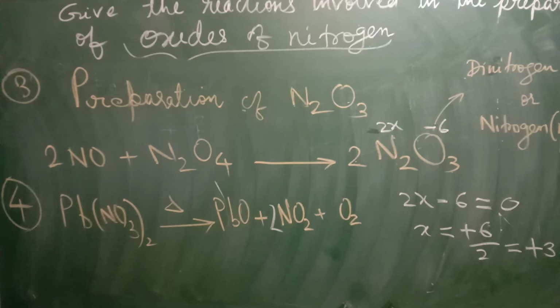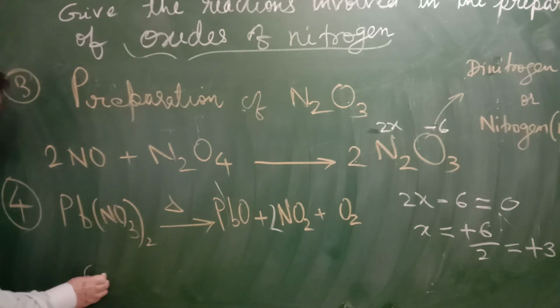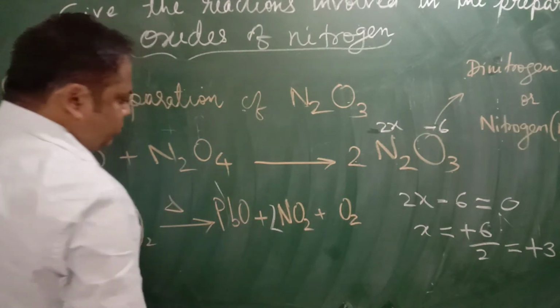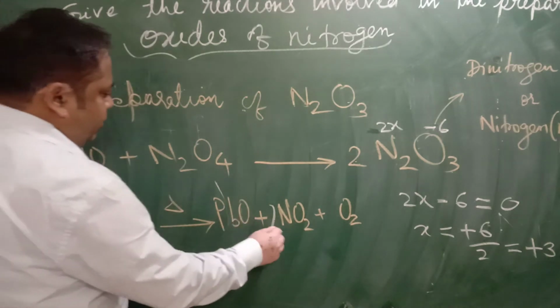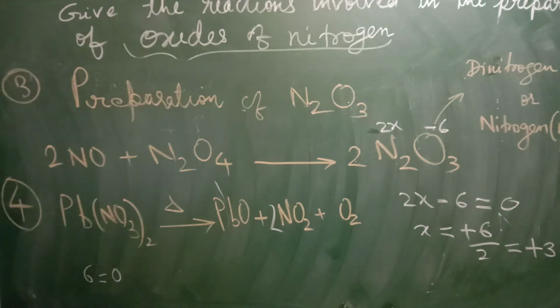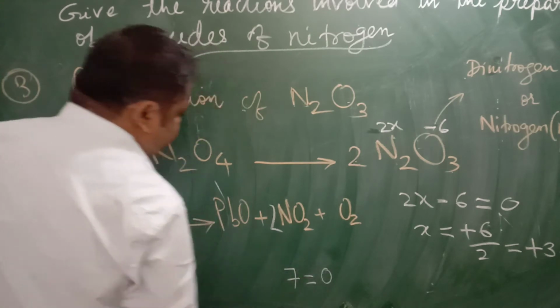Now let us count the number of oxygen atoms this side. There are 6 oxygen, and this side 1 plus 4, 5, 6, 7. So here there are 7 oxygen atoms.